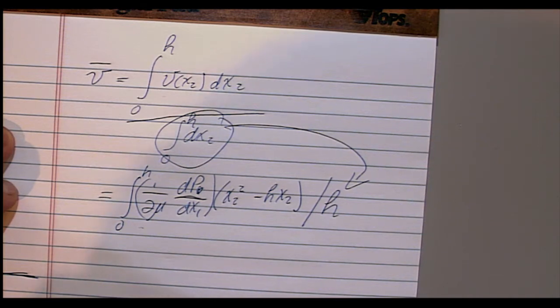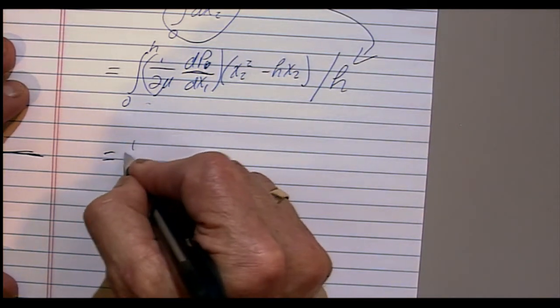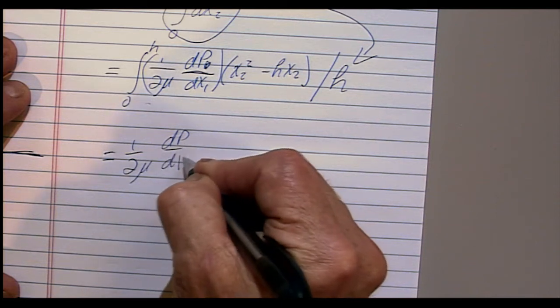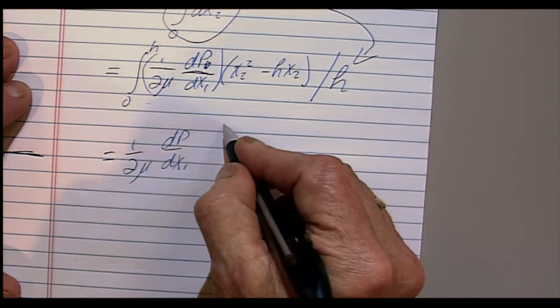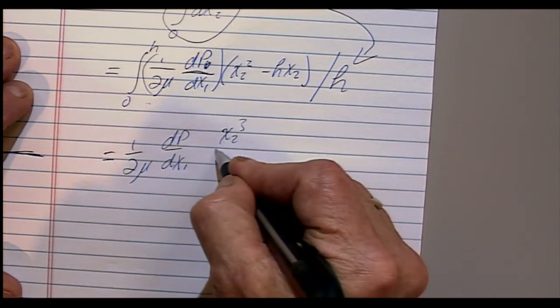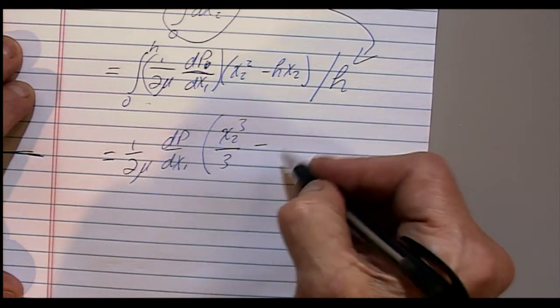So if I plug that in and I do the integral, this ends up looking like 1 over 2 times the viscosity, pressure gradient, times x2 cubed over 3 minus the height h.